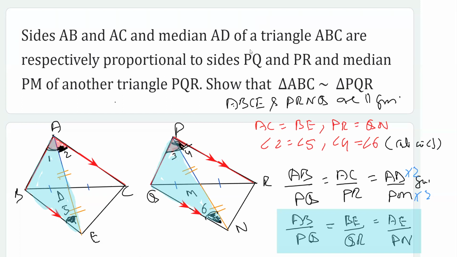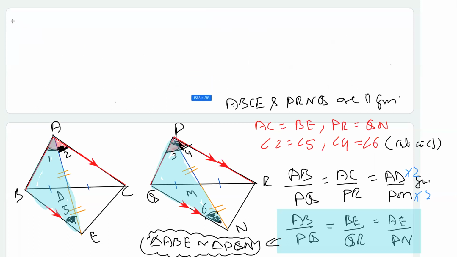That is, from here, I can say that this triangle ABE is similar to triangle PQN, right? So now let's see why we have proved these two triangles similar. For the remaining part, I'm erasing the above question here as I need space.